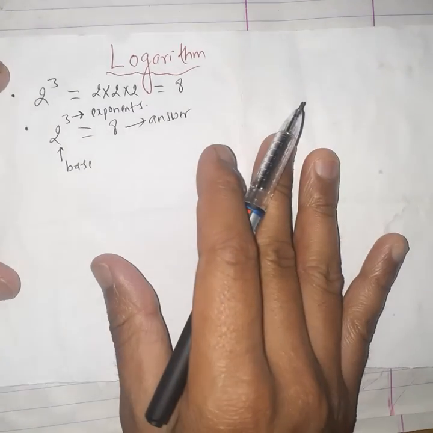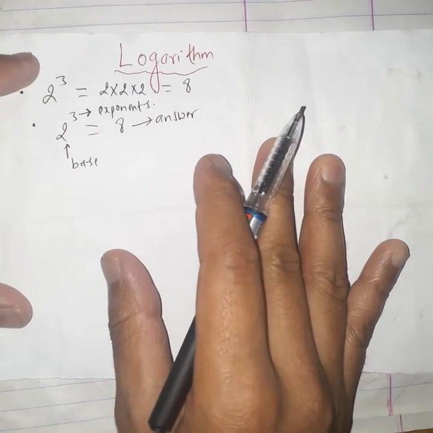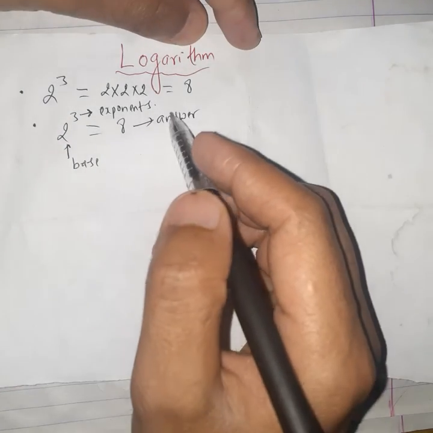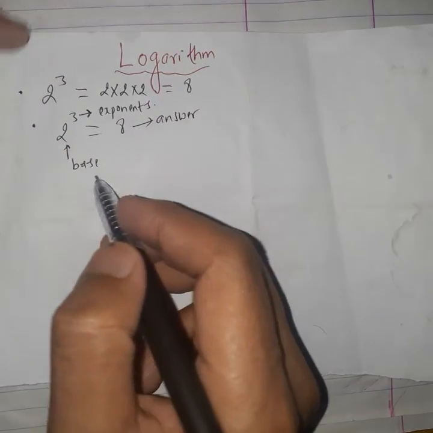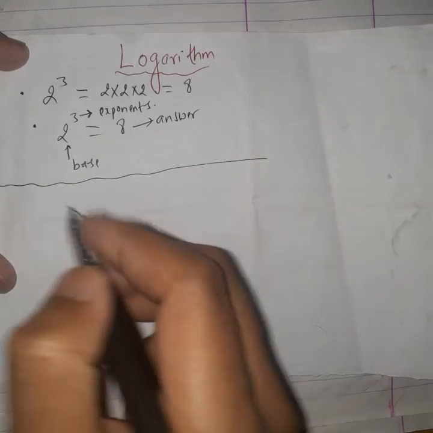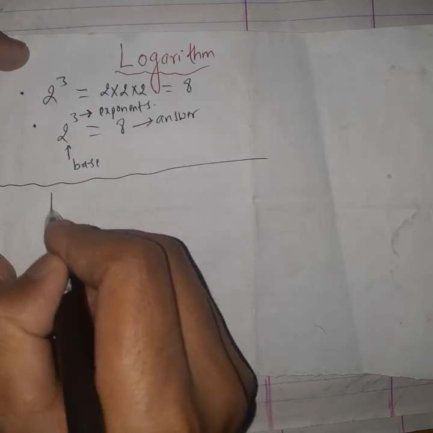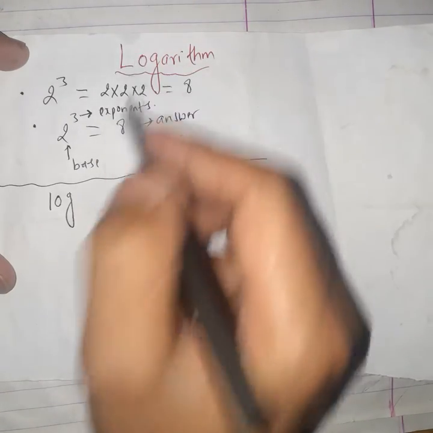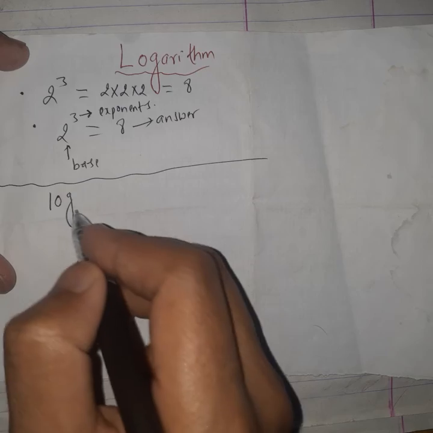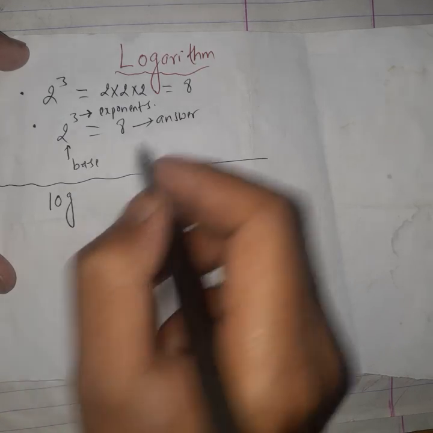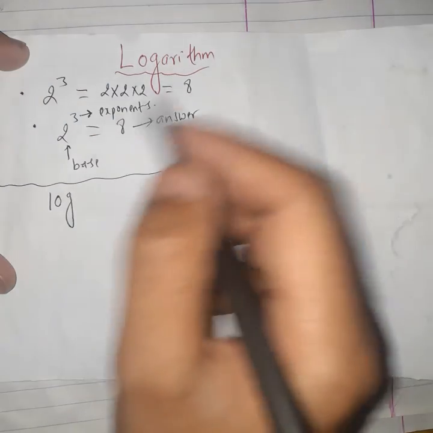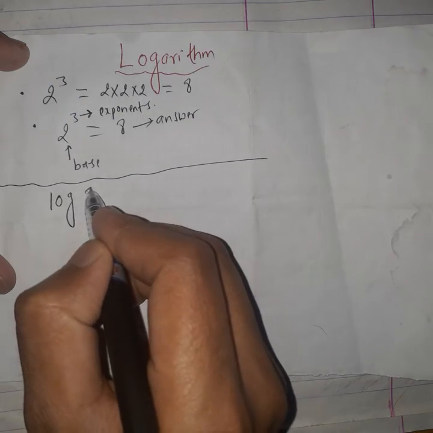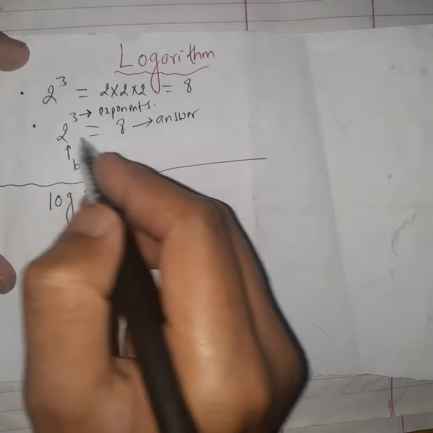This is about the exponents, and the logarithm is the opposite of the exponents. The logarithm is represented just by log, the first three letters. Logarithm of the answer, here the answer is 8: logarithm of 8 with base 2.